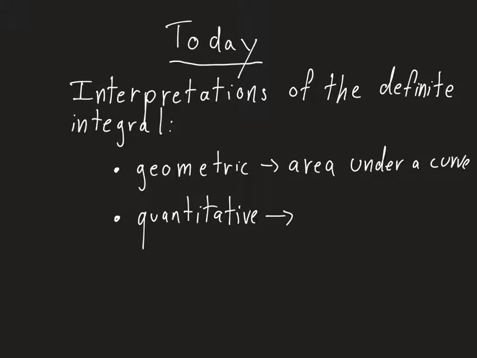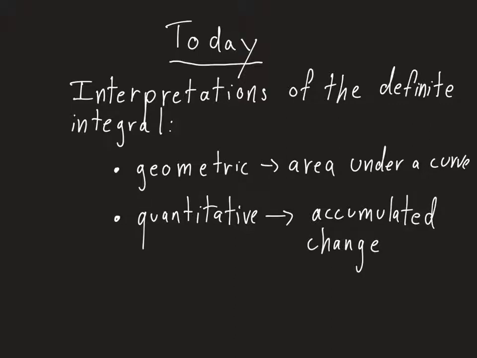The question here is, how do you interpret this number that you get at the end of the day? Generally speaking, the way that we interpret definite integrals quantitatively is that we view these as an accumulation of change over time.